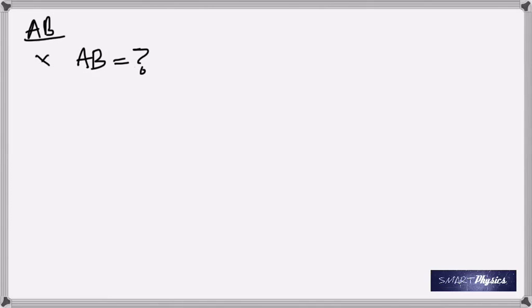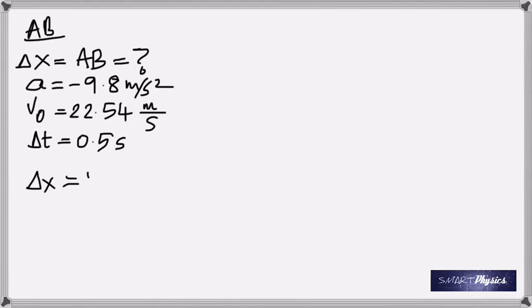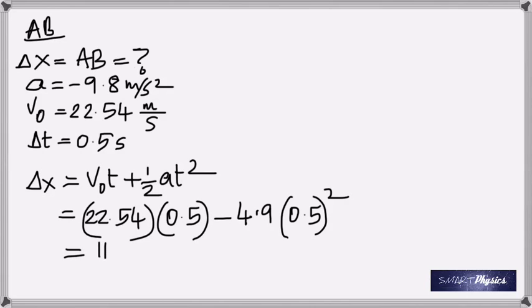Let me speed this up a little bit. Now we got V naught, so I'm going to change it to 22.54 meter per second, and again use the same equation and calculate the height of the flagpole. Well, that's a mistake. I got to have a negative there, okay, because it's going up.